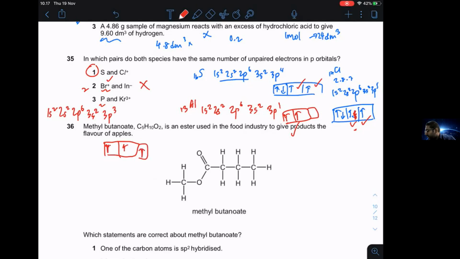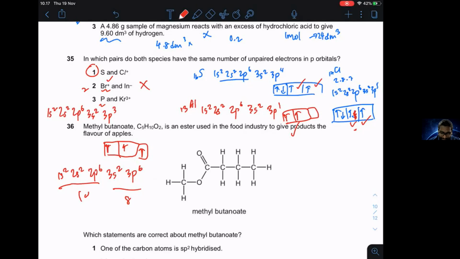And then Kr3 plus, Kr, they already have something like your argon or your neon. Let's say argon is 18: 1s2, 2s2, 2p6, 3s2, 3p, this is 10. If I put this one as 6, this is going to be 18. So that's argon.